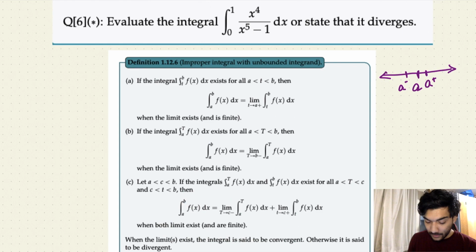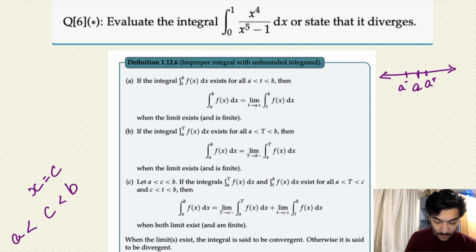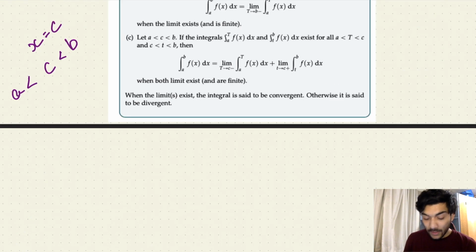And then you can have the third case in which you have a point of discontinuity which lies in between the interval a and b. For example, in case 3, you know that your definite integral interval is a to b. So if you have a point of discontinuity at x equals c, where c lies in between a and b, you know that in definite integrals you can always break the definite integral.